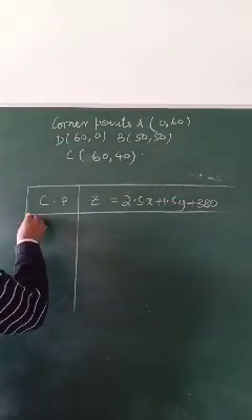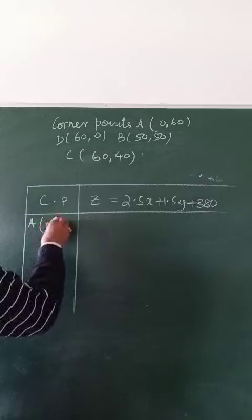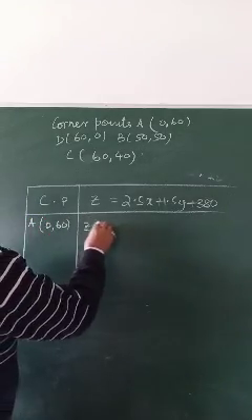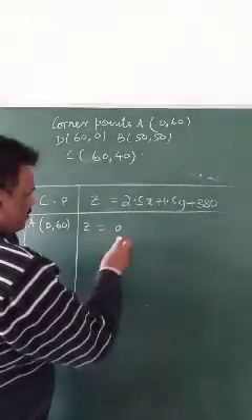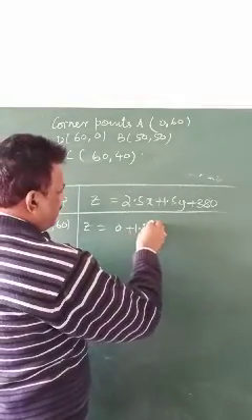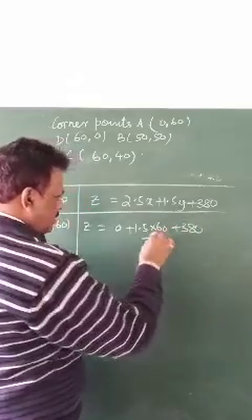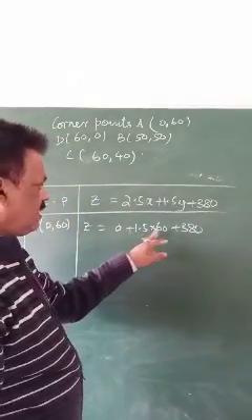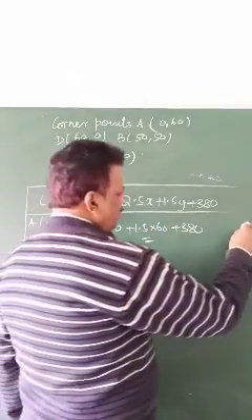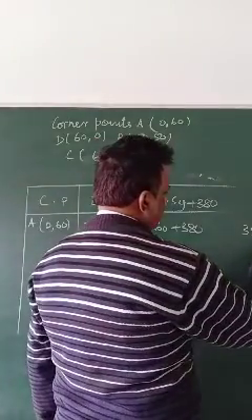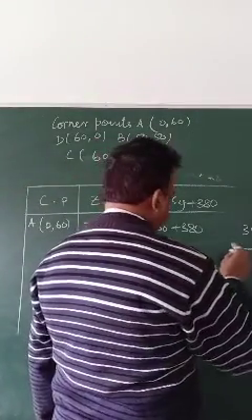A: 0, 60. So Z will be 0 plus 1.5 into 60 plus 380. How much? This is 90, 380 and 90, 470.